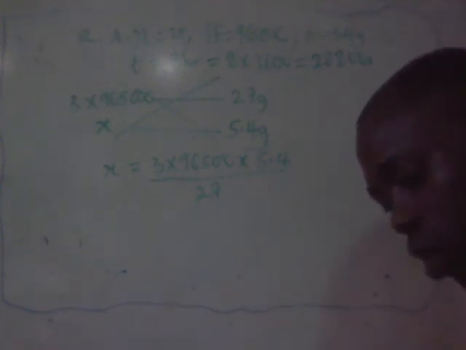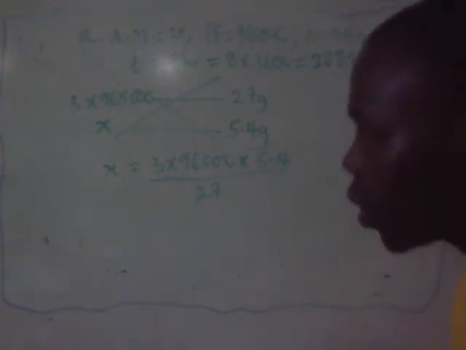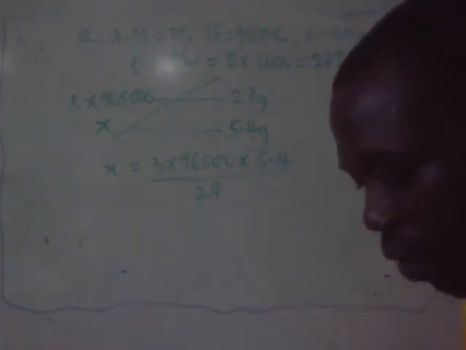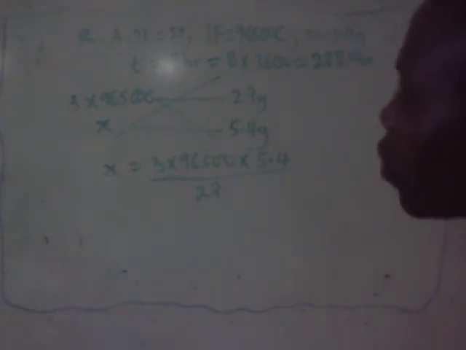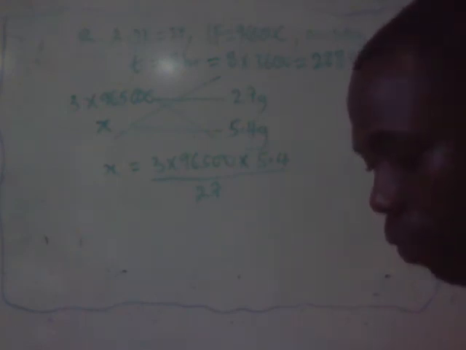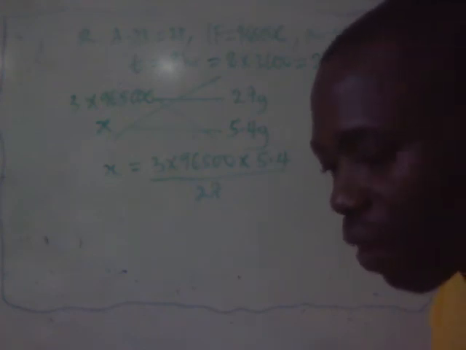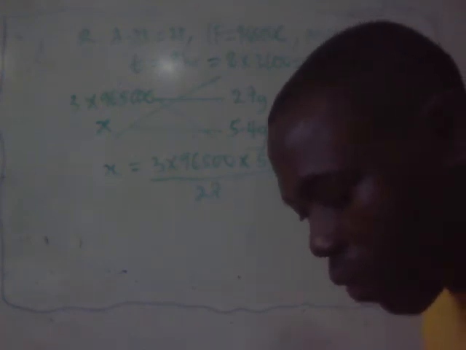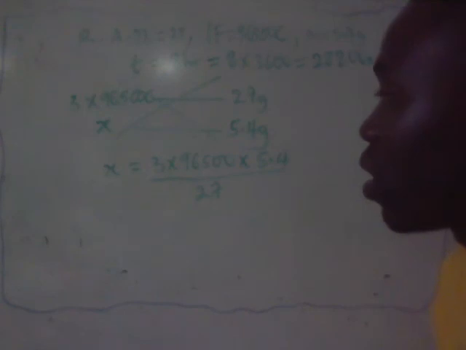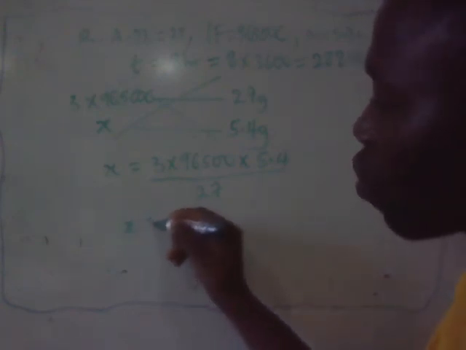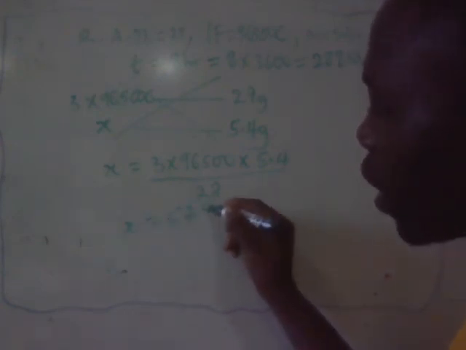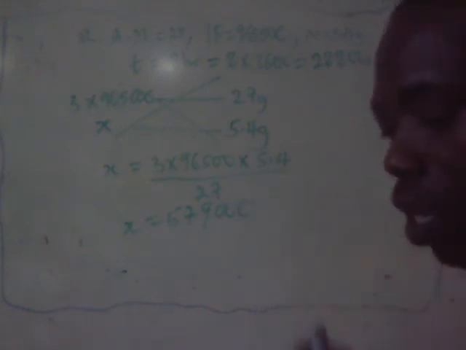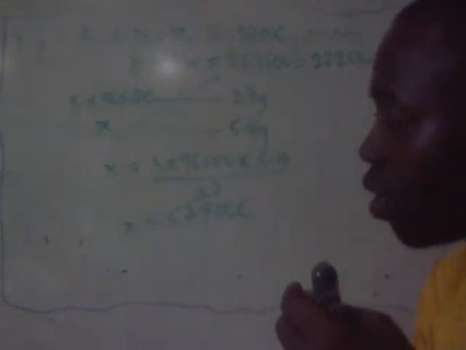Let's see what that gives us. 3 times 96500 times 5.4 divided by 27 gives 57,900. So X equals 57,900 coulombs, because we are on the left hand side.